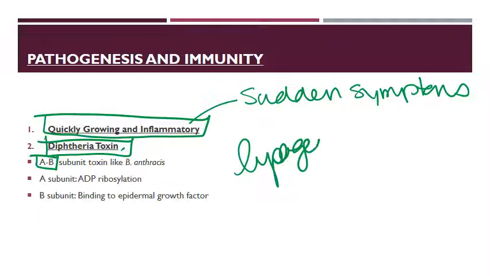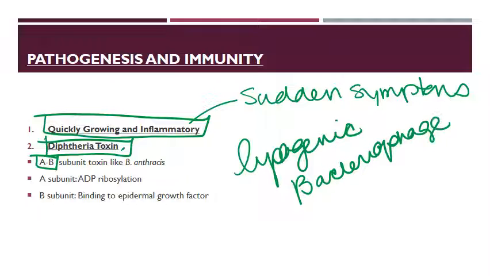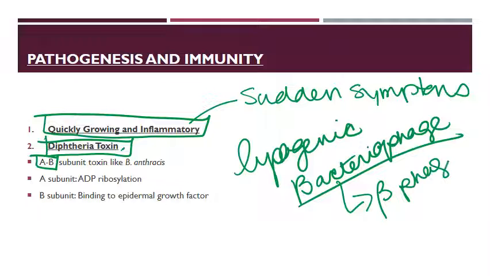This is one of those buzzwords from the basic bacteriology reading I gave you: bacteriophage. And particularly, it's called a beta phage, which I don't think I included in your reading, but basically that's just a type of phage. So you've got your A or active subunit.